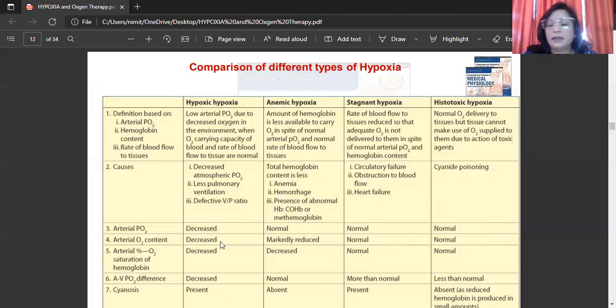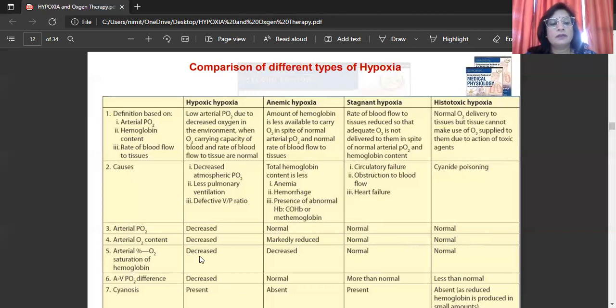Arterial oxygen content is decreased in hypoxic hypoxia, and markedly reduced in anemic hypoxia. In stagnant hypoxia, it is normal. In histotoxic hypoxia, it is again normal.